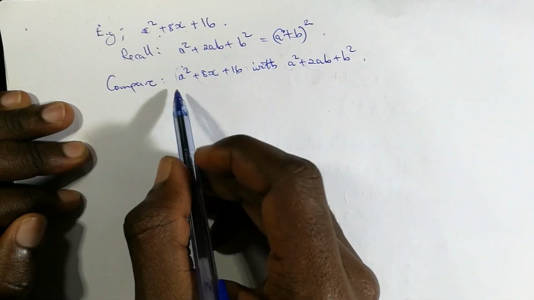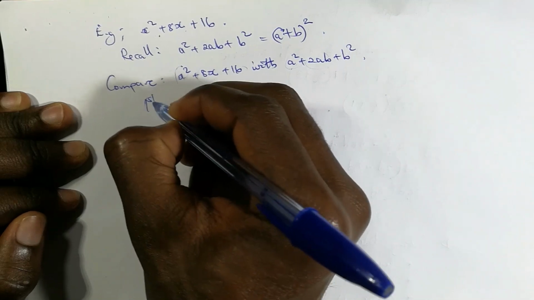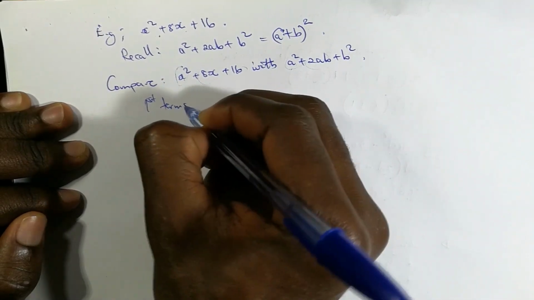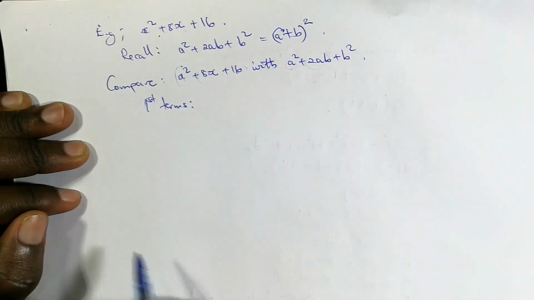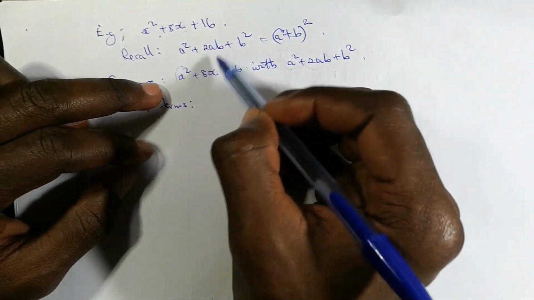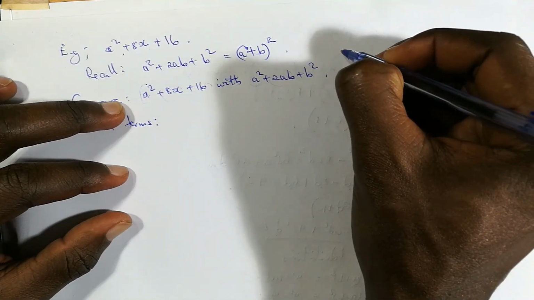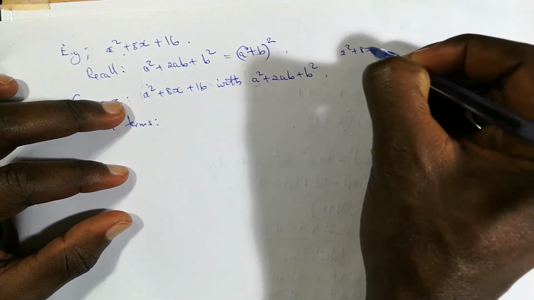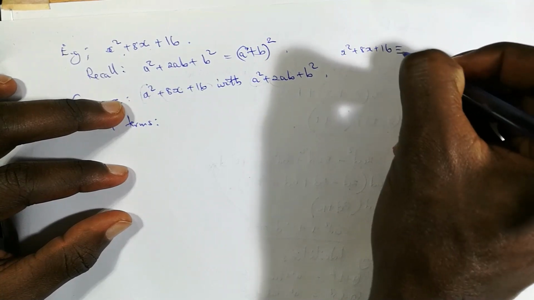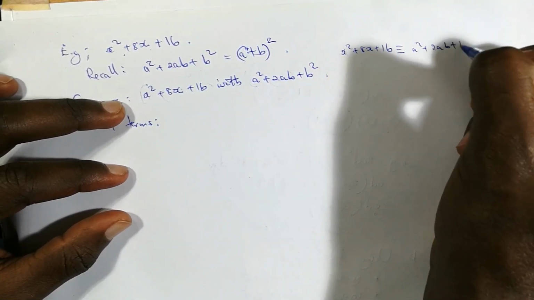Now let us take a look at the first terms. Since this should be in this form, these two should be equivalent. That means we can write x squared plus 8x plus 16 as equivalent to a squared plus 2ab plus b squared.